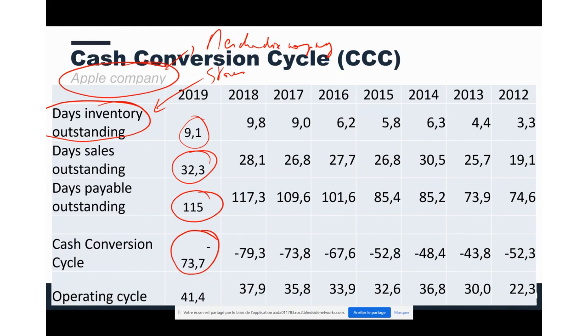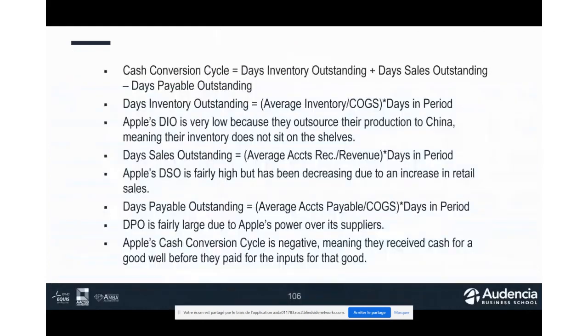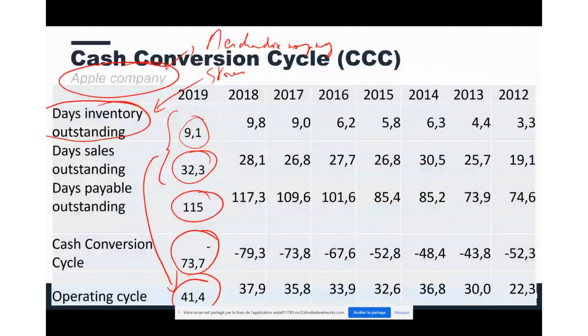The operating cycle is just this one and this one. So here they explain the calculation of everything, and the situation of Apple is very good thanks to the days inventory outstanding and the capacity to negotiate very huge credit terms with the suppliers.